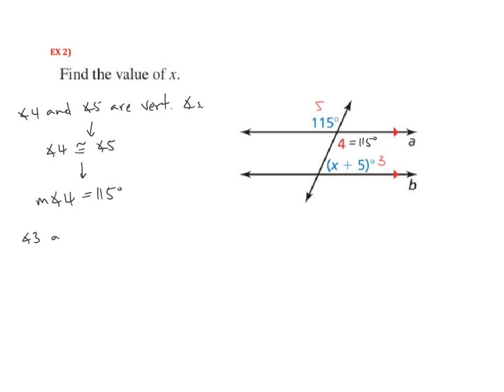Angle 3 and angle 4 are consecutive interior angles. Consecutive interior angles are the only relationship that is supplementary. So that means that angle 3 and angle 4 are supplementary.